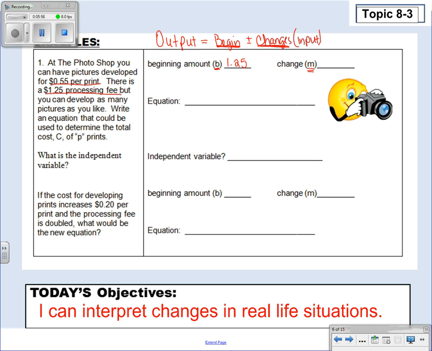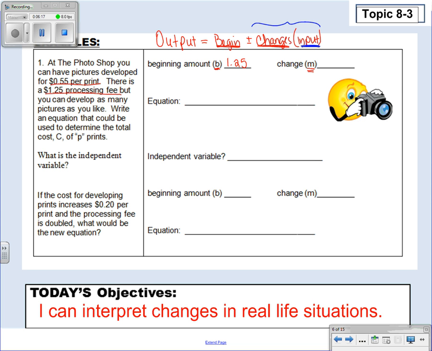Next, we're trying to figure out what our change is. A key way to figure out what change is: if you look at our equation, we see the change is always being multiplied by an input variable. So I want to look to see if there's anything in the paragraph that tells me that number is going to be multiplied by something.